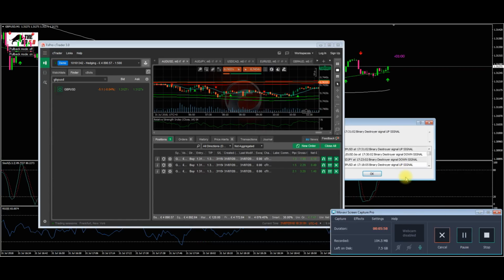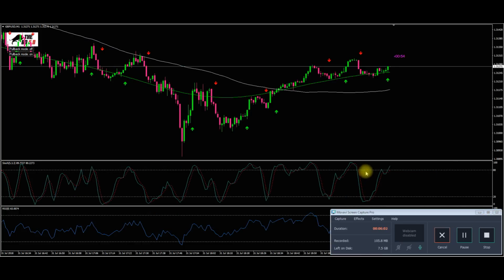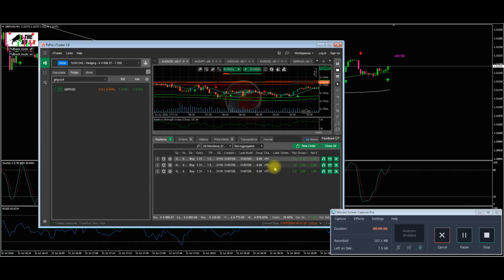Okay, so it's been about 10 minutes maybe, and the price has just started to push up now. We've got a signal arrow, and I think I've set my trades at 5 pips. So we'll see what happens. Hopefully it carries on pushing up. I could target 3 pips here and then call that a day, but I might try and get 5 pips. We'll see what happens.